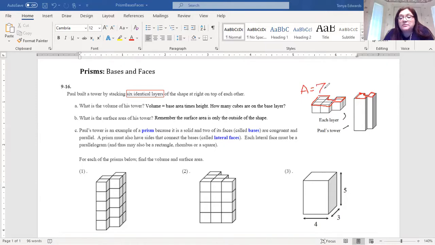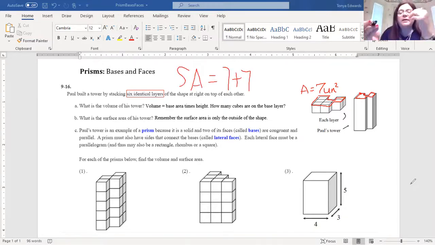There's 7 blocks. It's 7 units squared. So I have a top and I have a bottom. So now I know my surface area is 7 plus 7, top and bottom, plus, now what? I've got all these others.